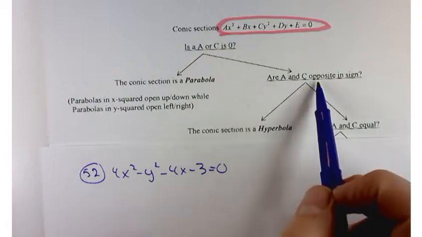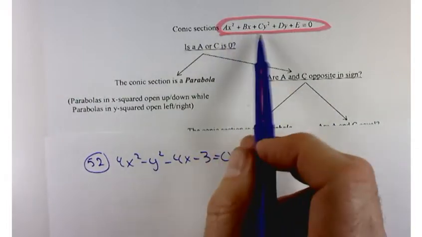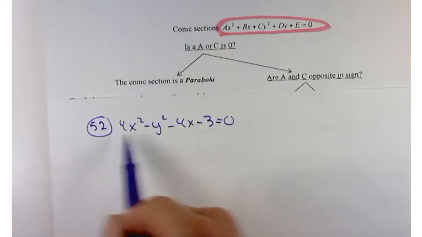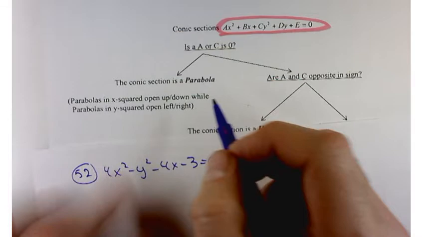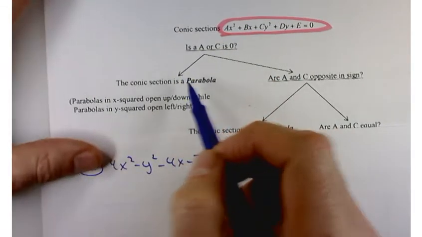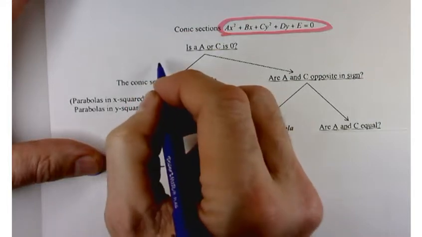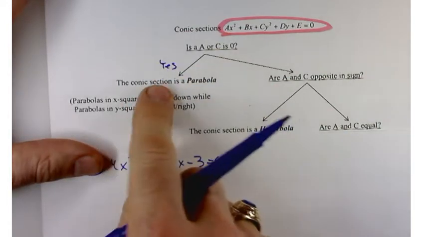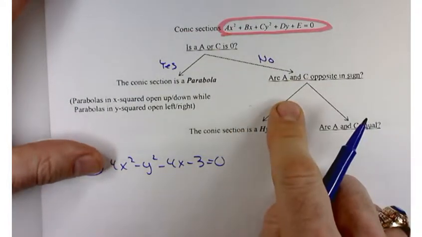Are A and C the same sign? Well, A and C are the coefficients of your squared terms. Do those coefficients have the same sign? No. So let me put in a few branches here for us. Is A or C 0? If the answer is yes, you're going to branch over to parabola. If the answer is no, you're going to go down here and ask yourself the next question.